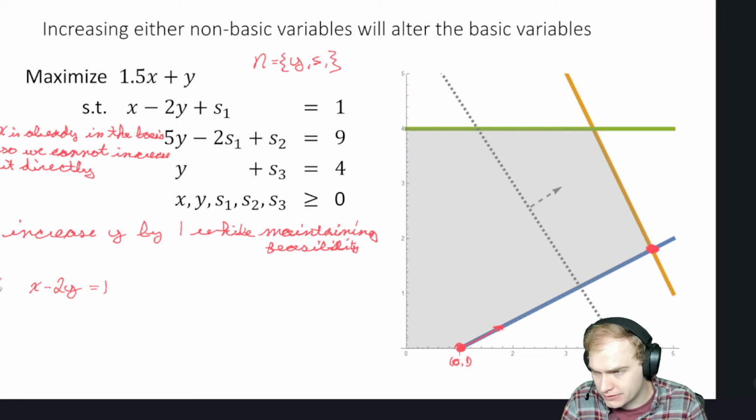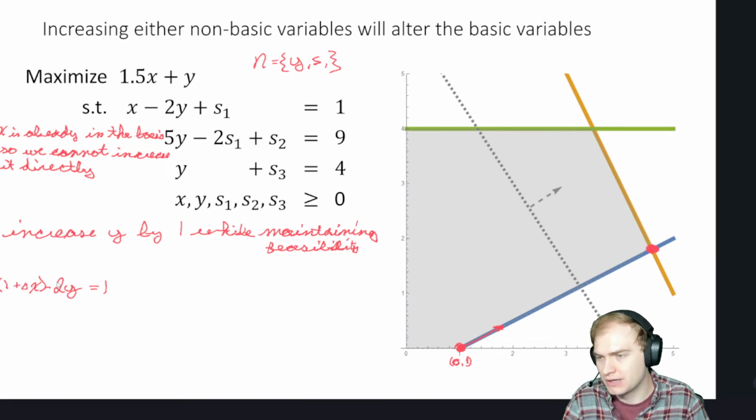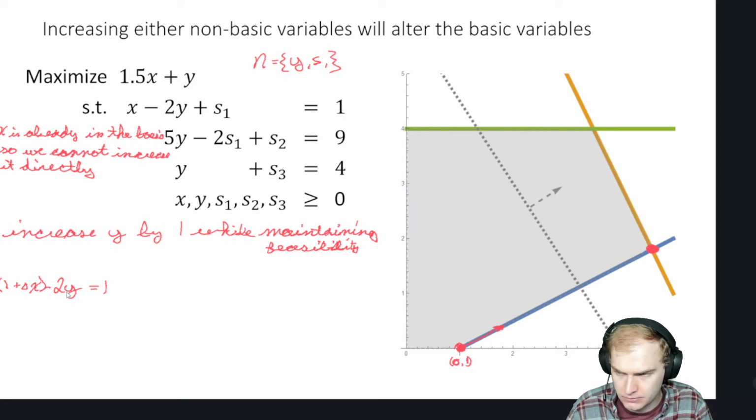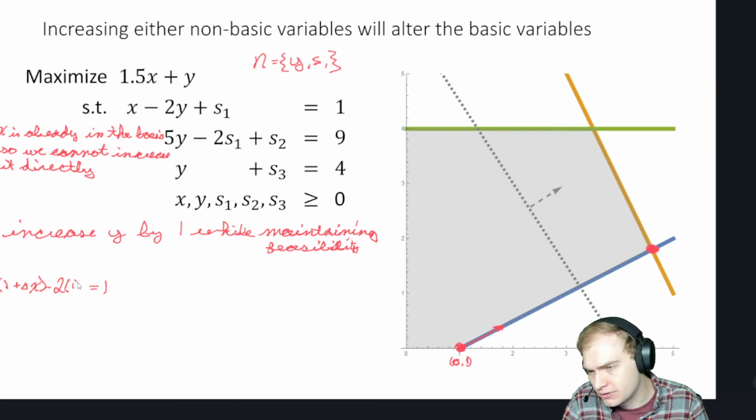And in fact, let's change this a little bit because we already know x is 1. And we want to know how x will change if we increase y from 0 to 1.